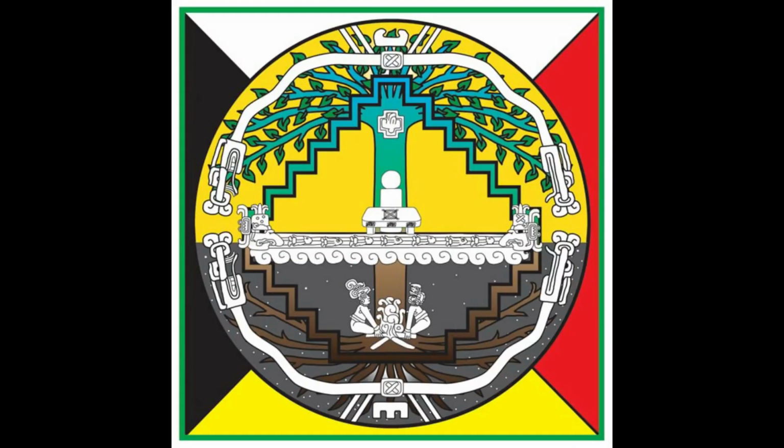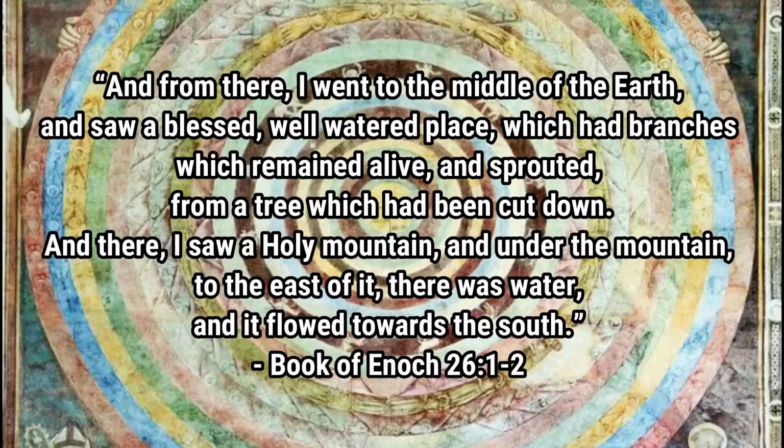The Book of Enoch is also consistent. And from there, I went to the middle of the earth and saw a blessed, well-watered place, which had branches which remained alive and sprouted from a tree which had been cut down.